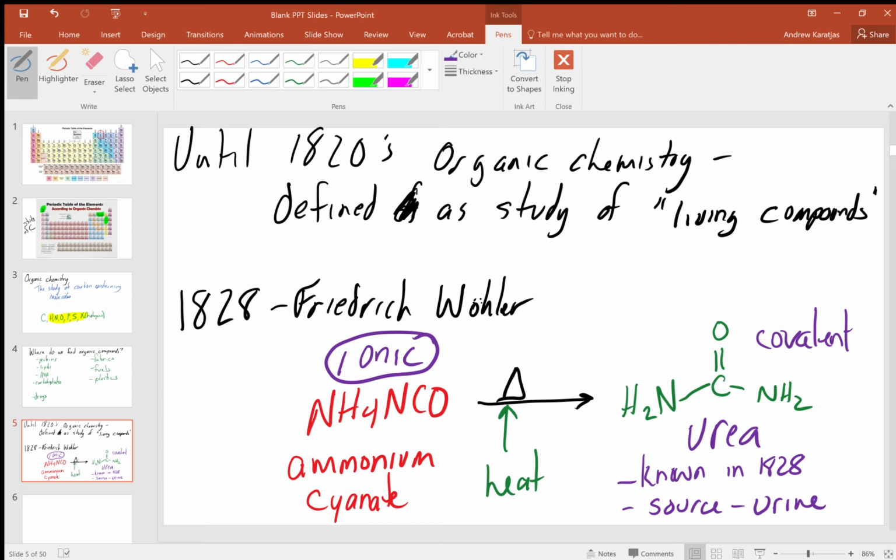And so this experiment was the first time someone had ever taken a so-called inorganic or a non-living compound and made it into one of these so-called living compounds. And for everything that they could see, there was no difference between the urea that he had made in the lab and the urea that could be isolated.